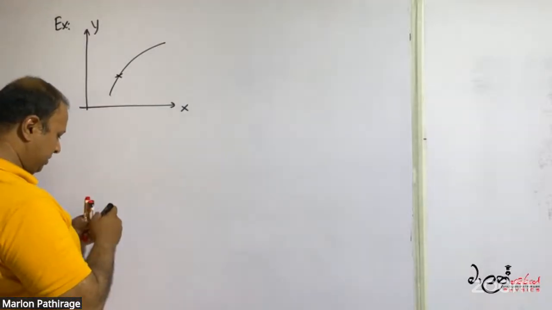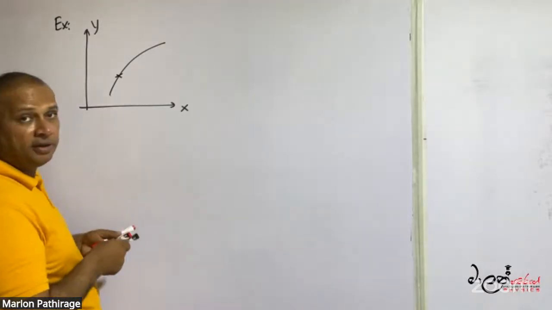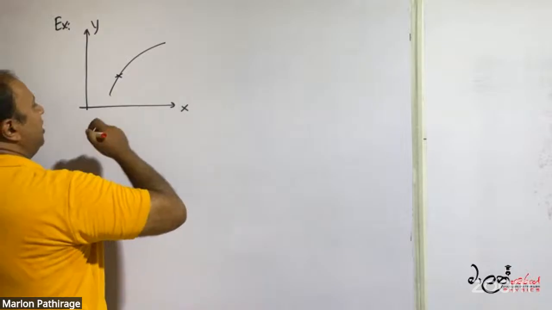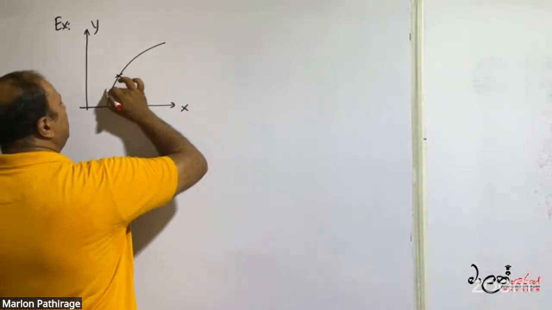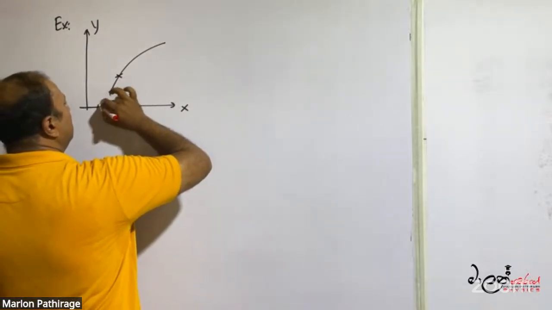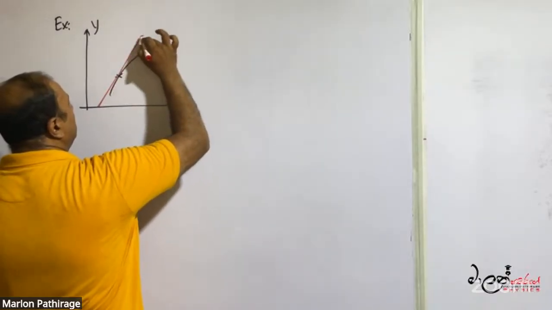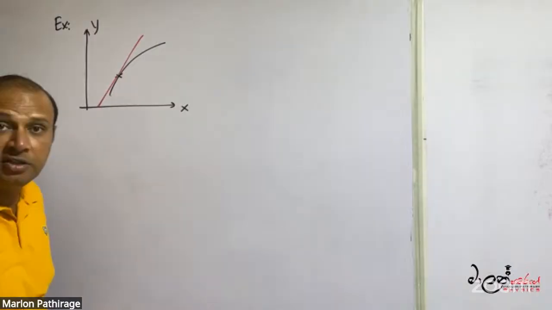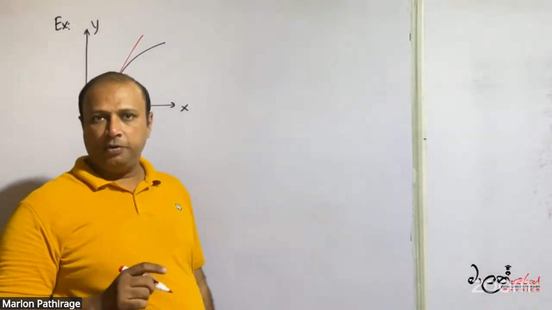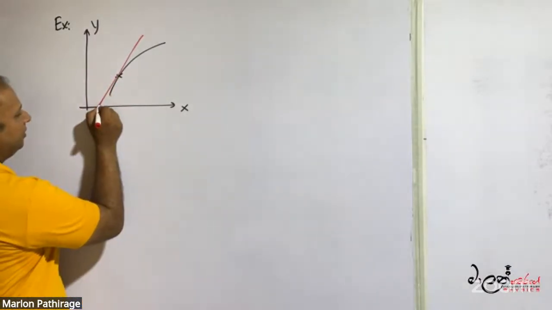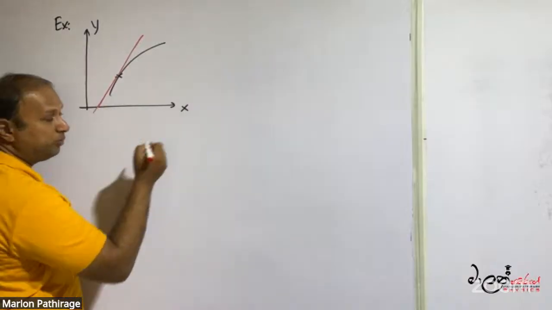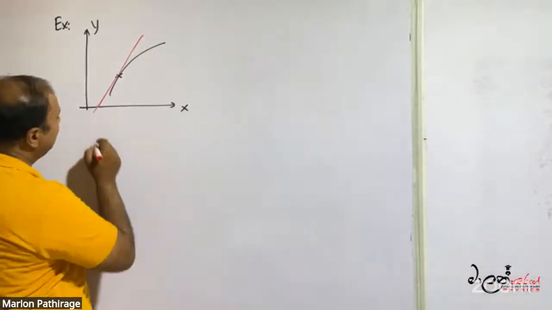Then you have to draw a tangent to the graph at that point. Then it should be extended up to the x-axis.